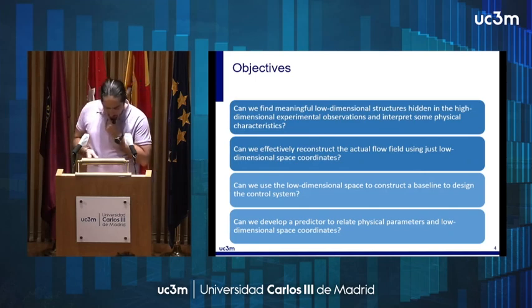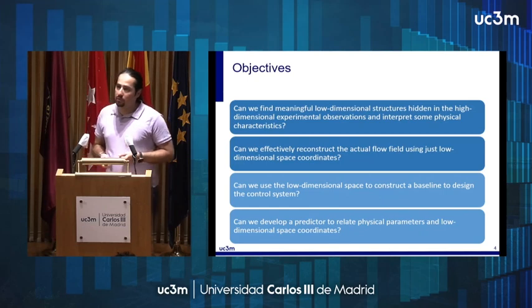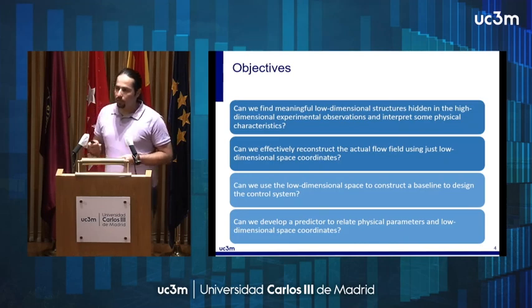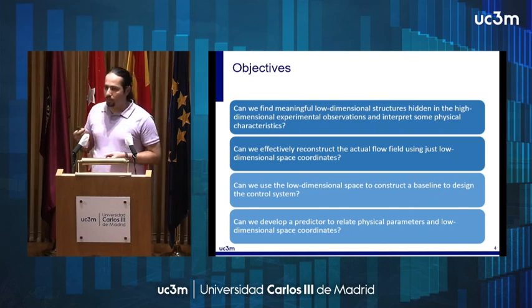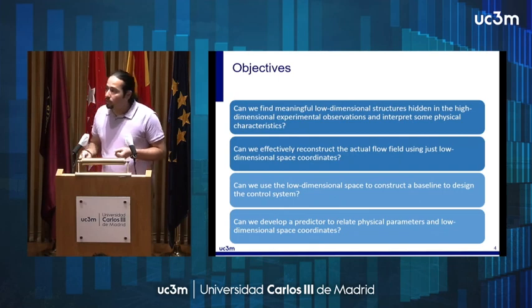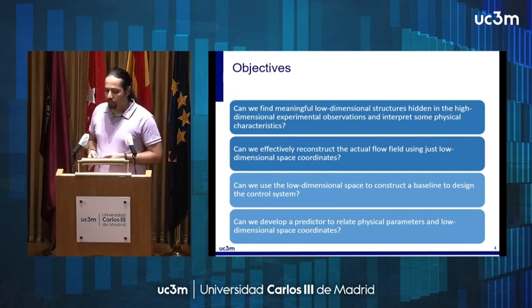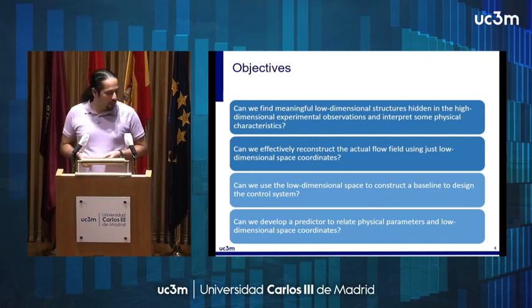So we define our objectives as these questions: are we able to actually build a model to use these manifold learning tools to understand our flows better and unravel some physical characteristics hidden inside our flow data? And if we use this tool to reconstruct the actual flow fields, which is the first phase of our work, already done.